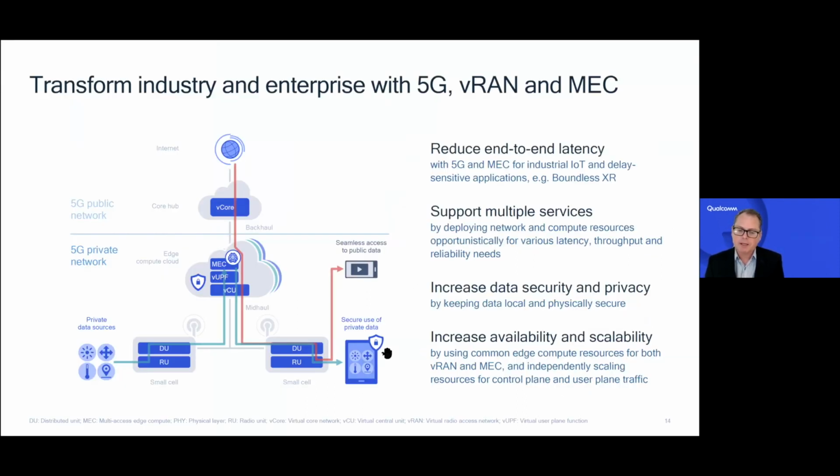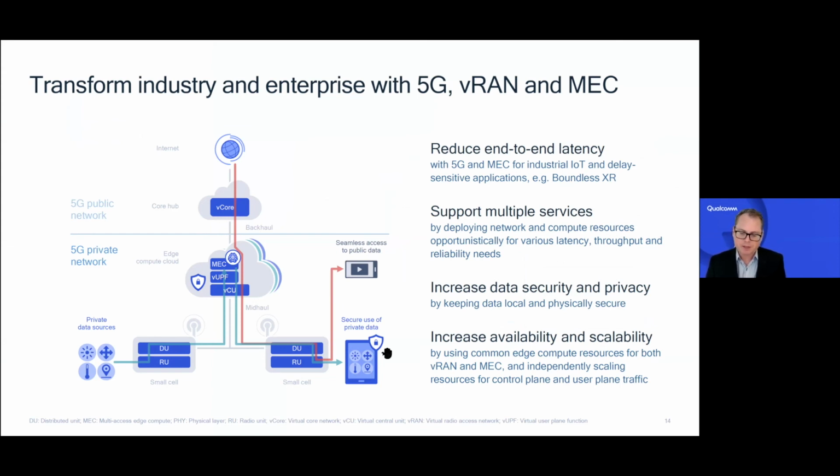Then when you look at the industry and enterprise example, this is where we get into that next level of detail on the edge compute aspect. So the 5G public network in relation to the 5G private network, and then the role of the edge cloud in regards to the role of the central cloud.